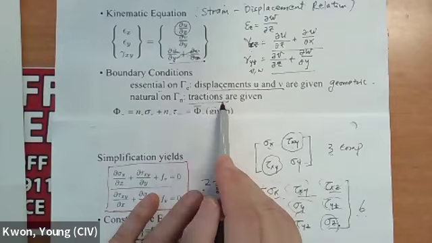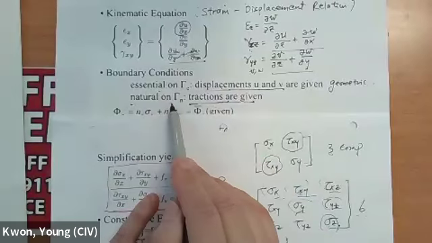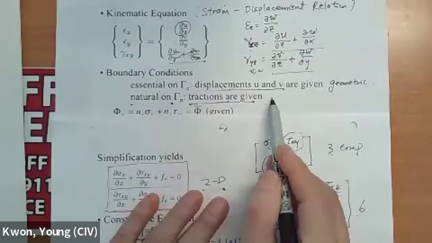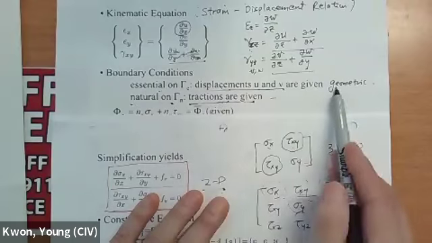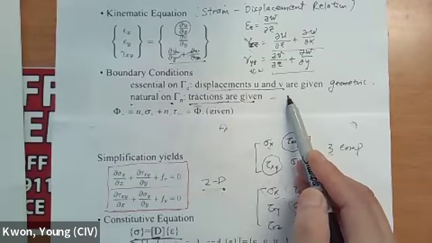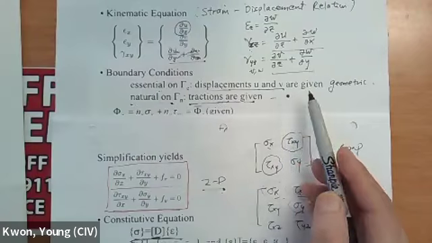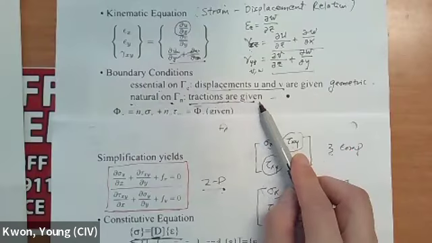So traction is going to be a flux boundary condition. So traction is given. This one is geometric, and this one is, what's the name? I forgot, I'll let you know. Anyhow, this is the natural type boundary condition.